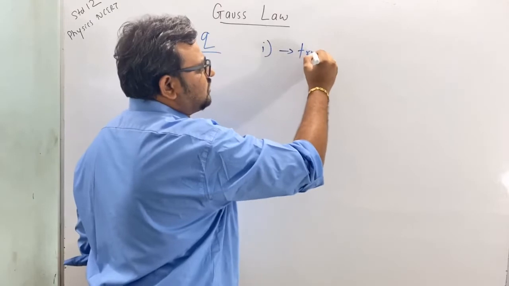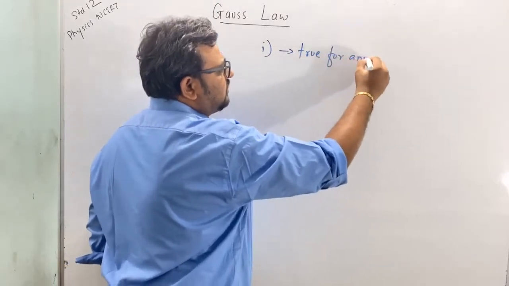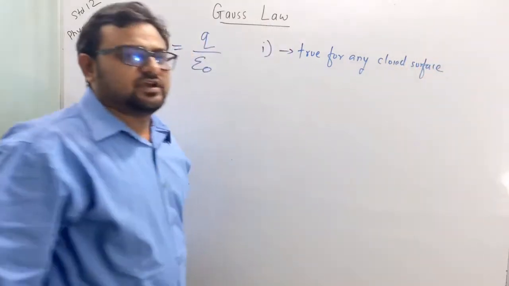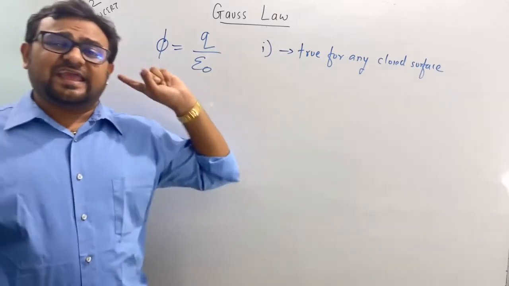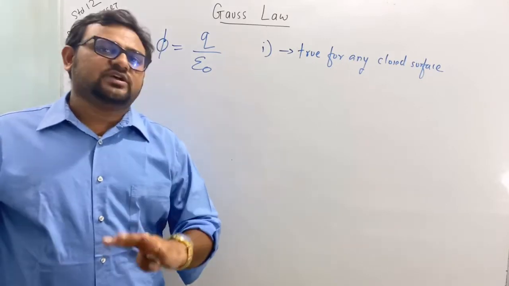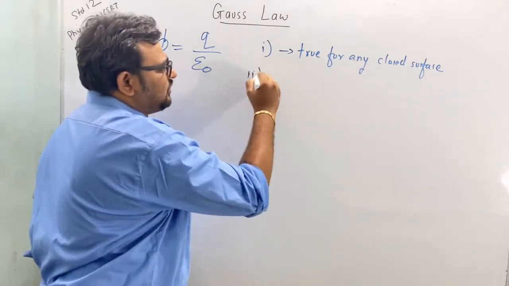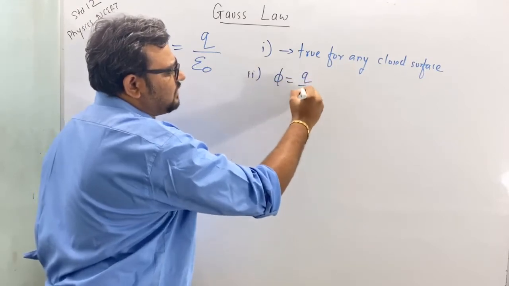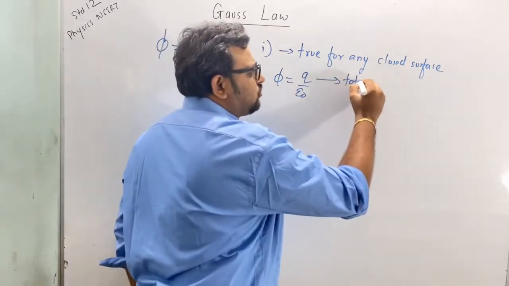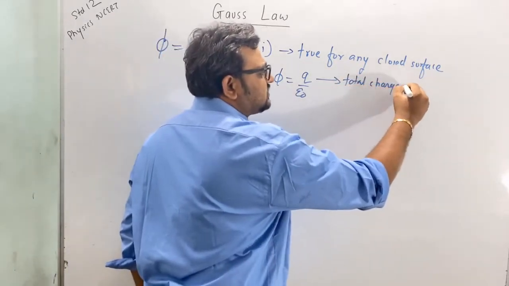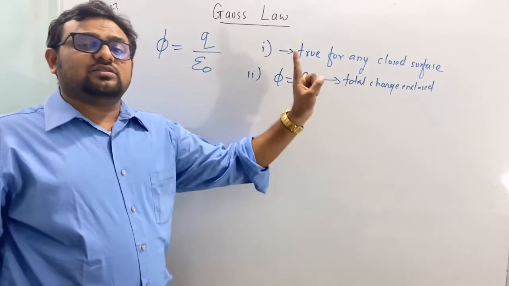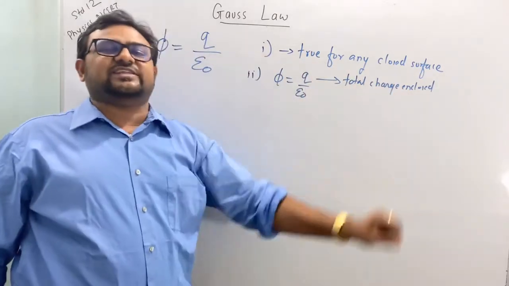Remember, Gauss law is true not only for a spherical surface, but for any closed surface. The second point: when we write flux equal to Q by epsilon zero, what does this Q mean? Total charge enclosed. Q means the total charge enclosed inside the surface.